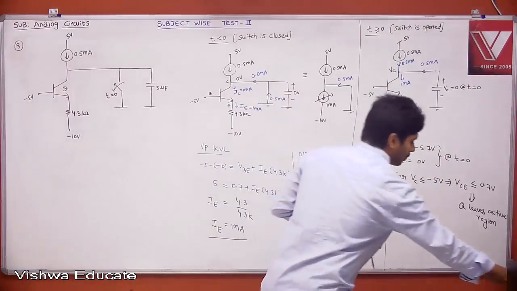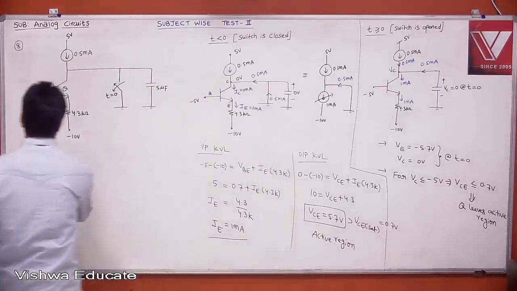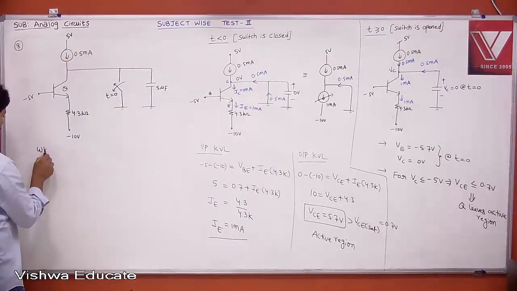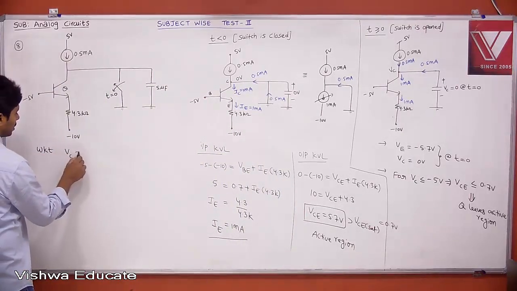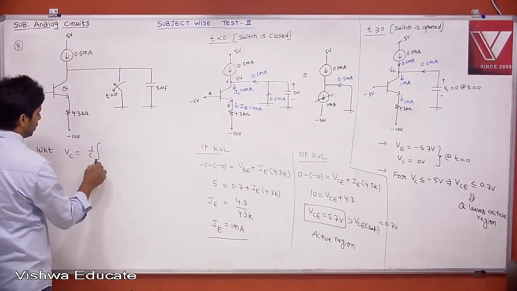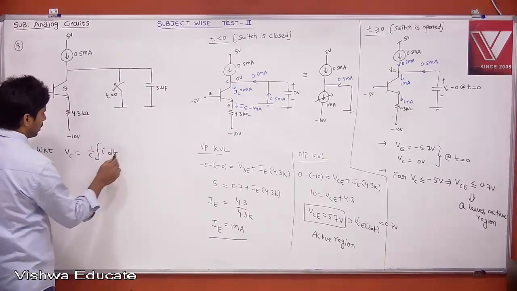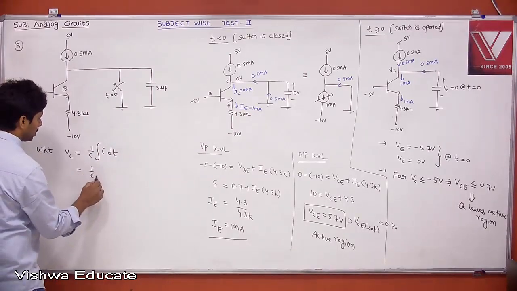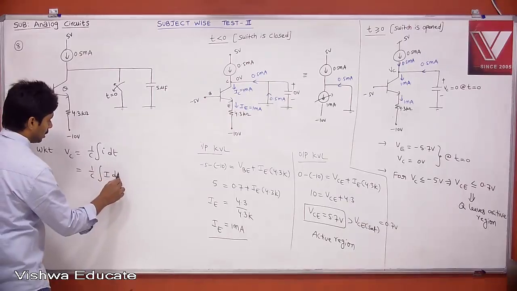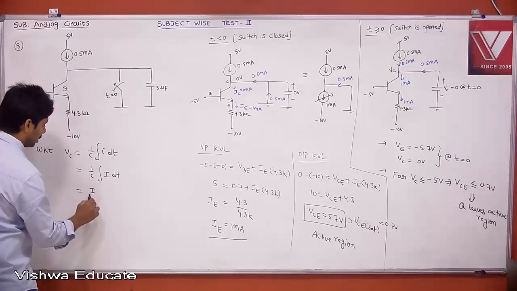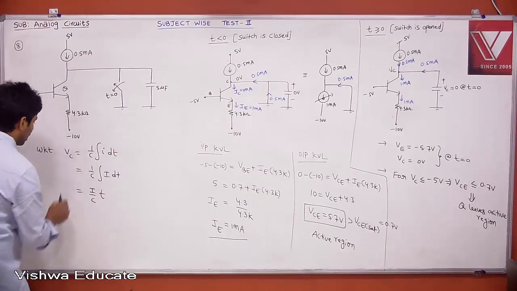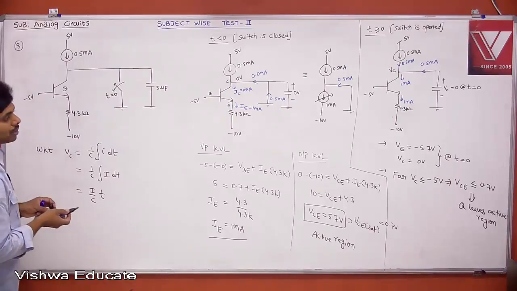We know that the voltage across the capacitor is 1 by C integral I into dt. If I is constant, then you will get I by C into T. Let me take mod Vc. Mod Vc should be equal to 5.